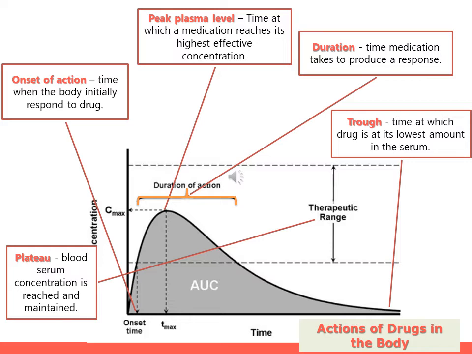That's why, if your patient is receiving medication and the instruction is to give the medication routinely every 6 hours, every 8 hours, every 12 hours, it is very important to follow that. Why? Because medications have a desired duration and we want to maintain the therapeutic range. That is why we need to give the medication regularly to our patient.